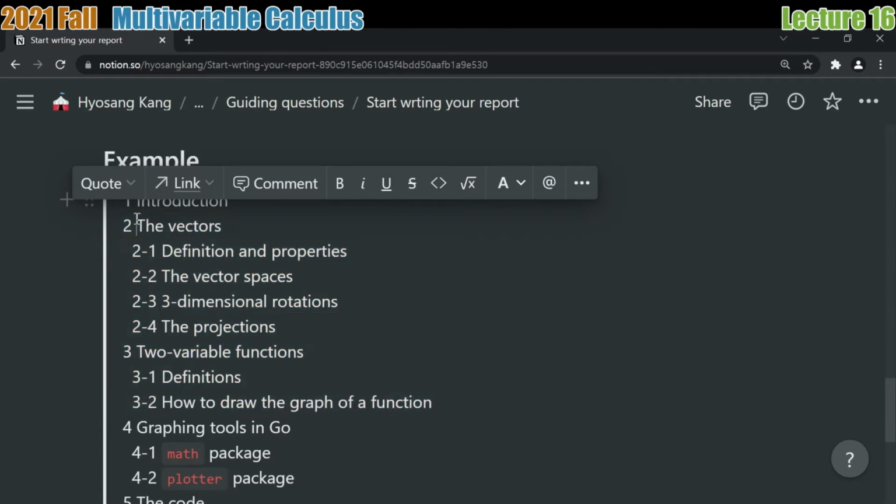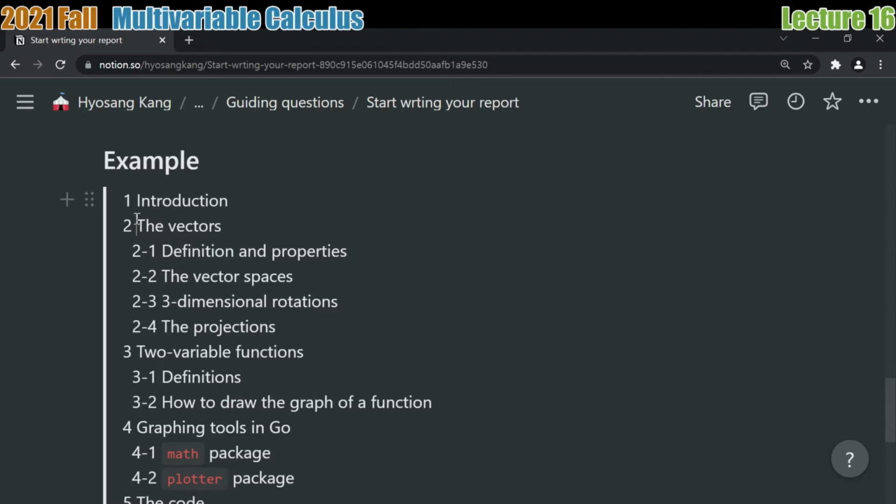So you have to have something in mind about what should be necessary in explaining how you did the graphing of the two variable functions. So remember that we explained how we can project a three-dimensional graph into a two-dimensional canvas by rotating something and so on. So there were the vectors, concepts of vectors and rotations and so on.